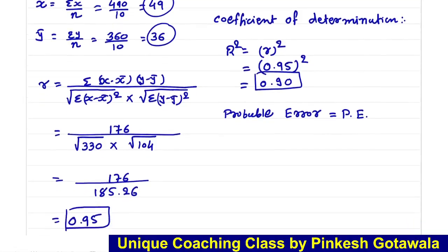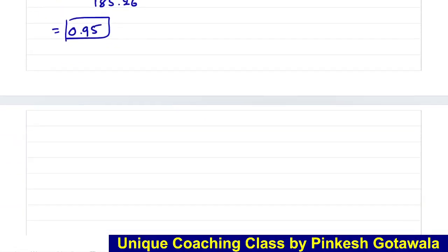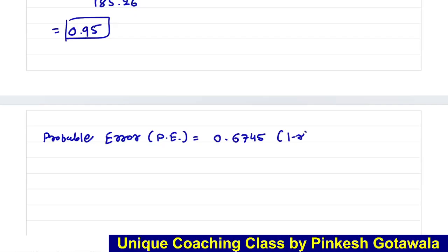There is a formula for that. The formula for probable error PE is 0.6745 times (1 minus r square) divided by root n. Whenever they ask probable error, just apply this formula.